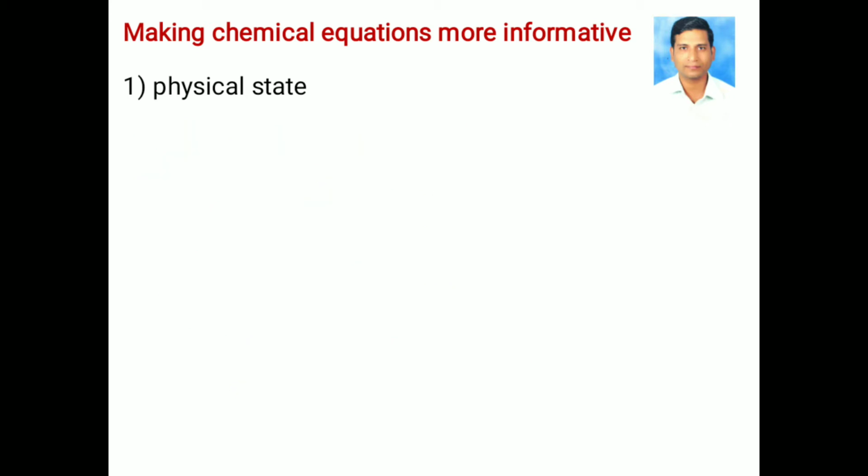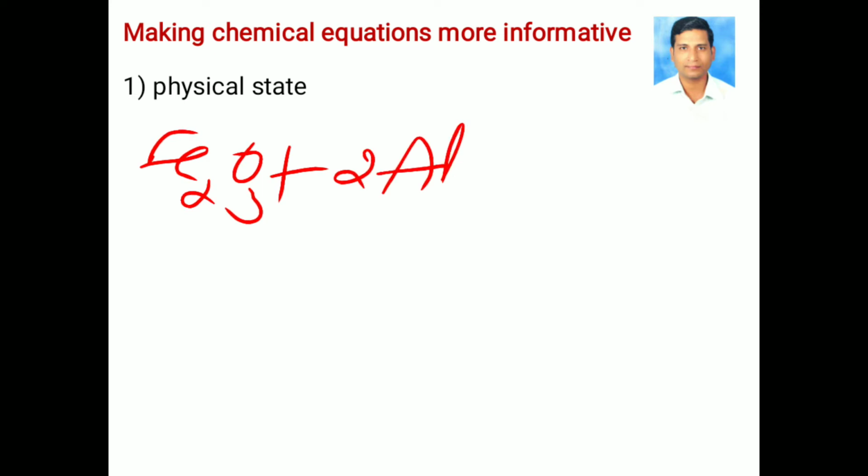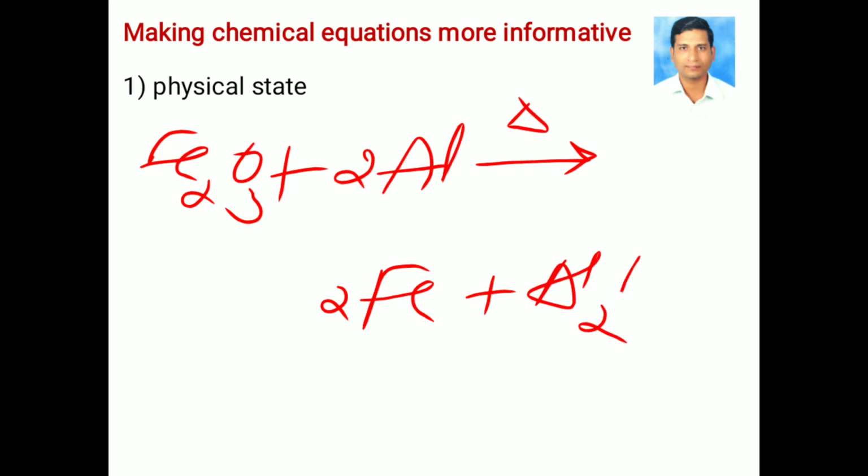Let us write a balanced equation. Iron oxide plus aluminium. On heating these two substances, we get iron plus aluminium trioxide.